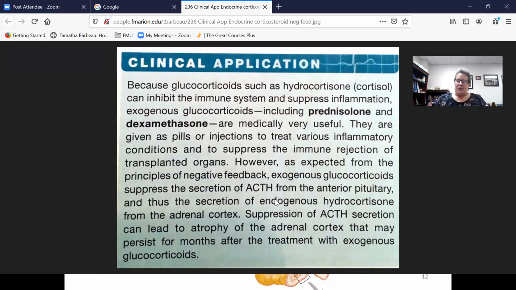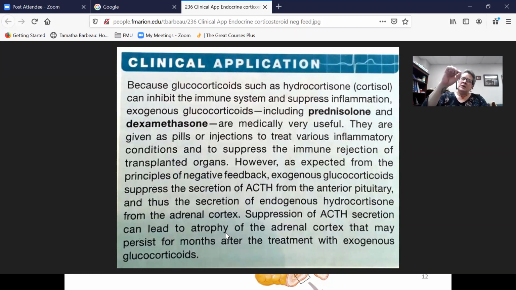Okay? Now, when you come off of prednisone or those other anti-inflammatories, you're supposed to gradually wean yourself off of it with lower and lower doses before you stop. You don't want to stop cold turkey because while you're on those drugs, your adrenal gland, without being stimulated, will atrophy.